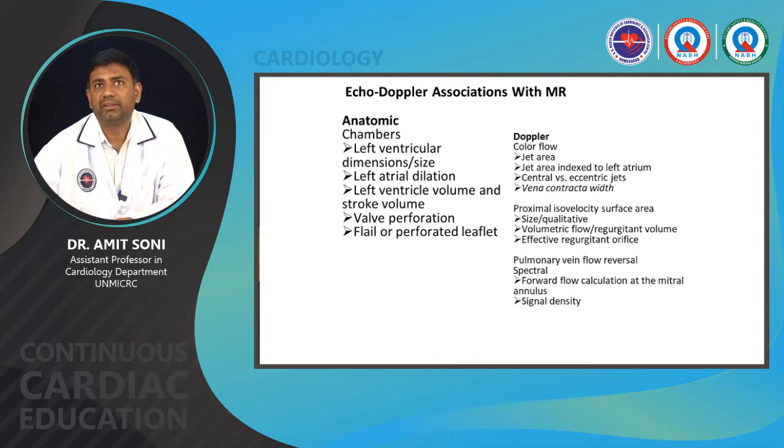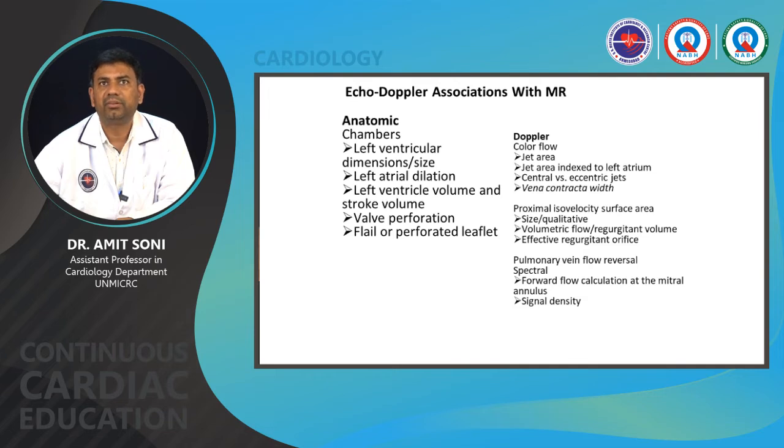So echo Doppler associations with mitral regurgitation, anatomic and Doppler. Anatomically, we can see the chambers, left ventricle dimension and size, left atrial dilatation, left ventricle volume and stroke volume, valve perforation, and flail or perforated leaflet.